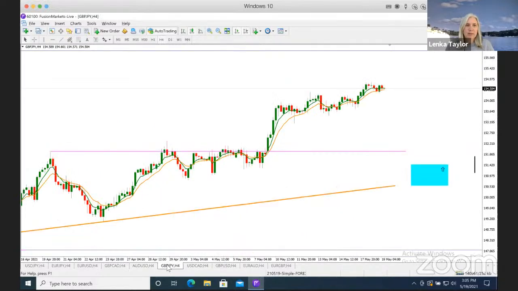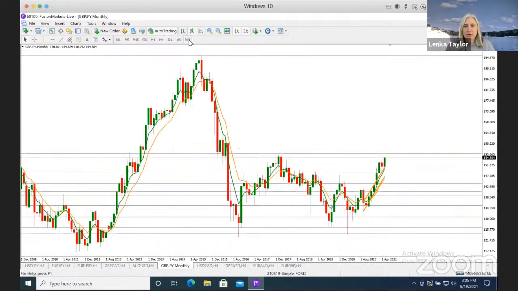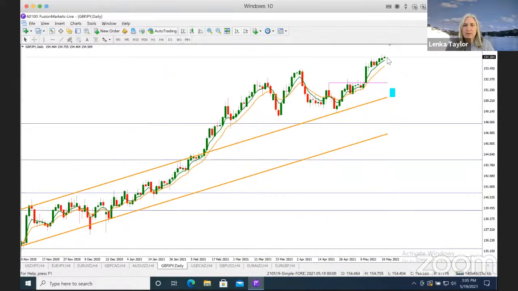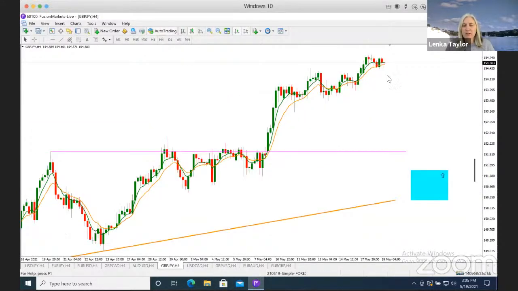Next currency pair I'm going to have a look at is GBPJPY. This currency pair I'm looking for a long, going at the top of the channel still on the daily as well. In terms of the entry, I really need a pullback.